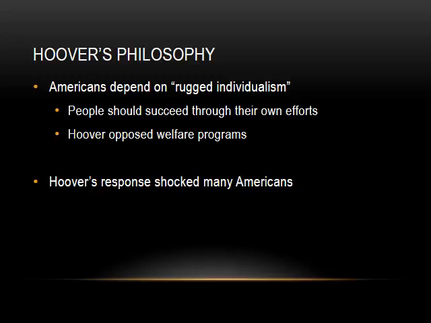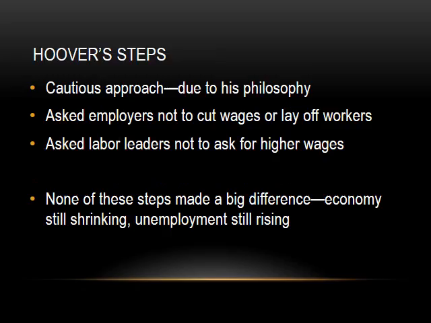Again, Americans turned to Herbert Hoover for help in this crisis. But his philosophy prevented the government from giving any real help. He thought that Americans depended on rugged individualism, or people succeeding through their own efforts. Because of this, Hoover opposed all federal welfare programs. America was very shocked that the president himself would not help them through this problem.